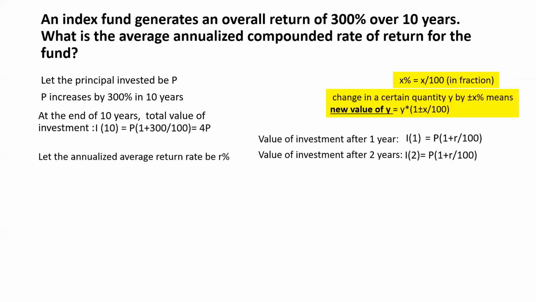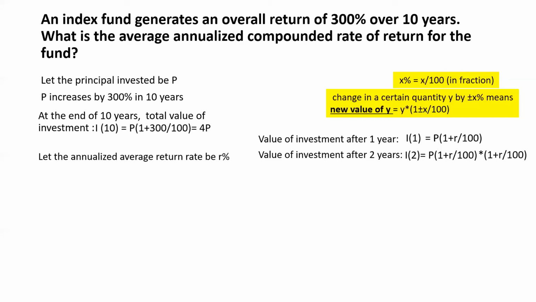So the value of the investment at the end of 2 years will be whatever the value was at the beginning of the second year, grown by R% during the second year. So this will be P multiplied by 1 plus R by 100, and this whole thing will get multiplied by 1 plus R by 100 again, because this whole thing is now growing by R%, right?